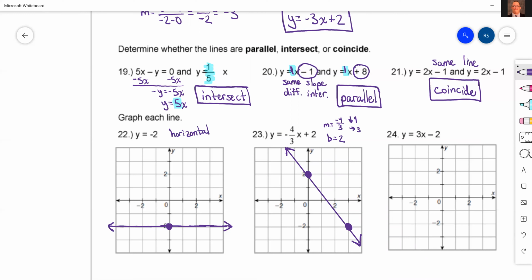Okay, last problem on the review. We have a slope of 3, an intercept of -2. So I'm going to put a point at -2. And then the slope of 3, that's like saying 3/1. Not 3/3, 3/1. So I have to go up 3, right 1. Let's do that. Up 3, right 1.